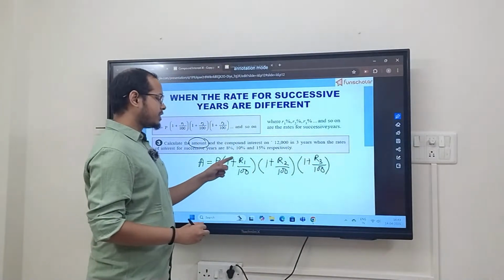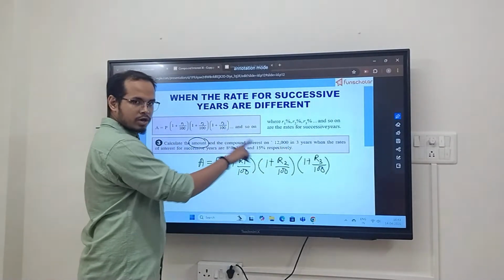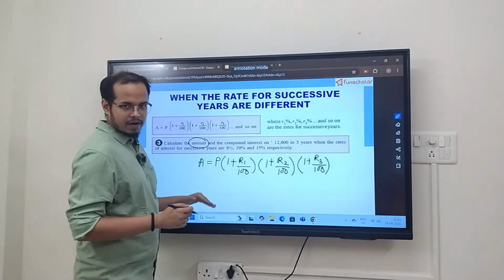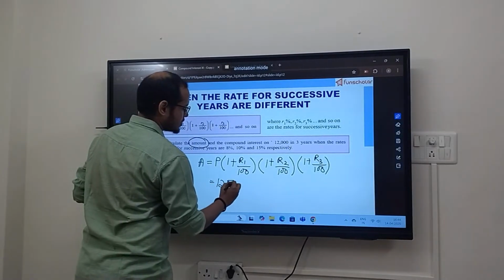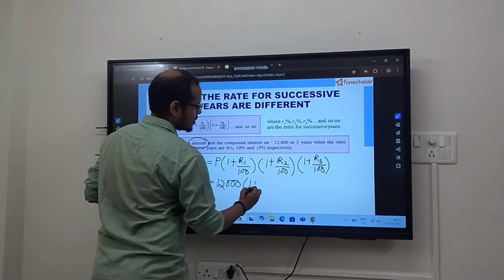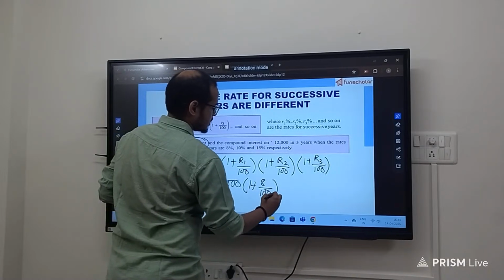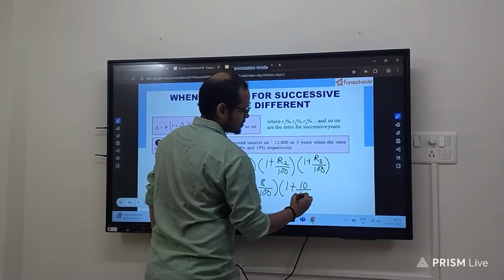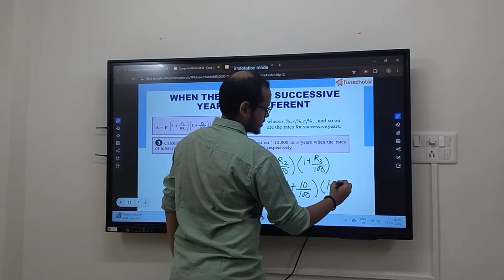As the rates are different for each and every year, we write R1, R2, R3. Now let's put in the values. This is going to be 12,000, that is the principal, which is the same. 1 plus R1, which is 8% for the first year, second year R2 is 10%, third year R3 is 15%.